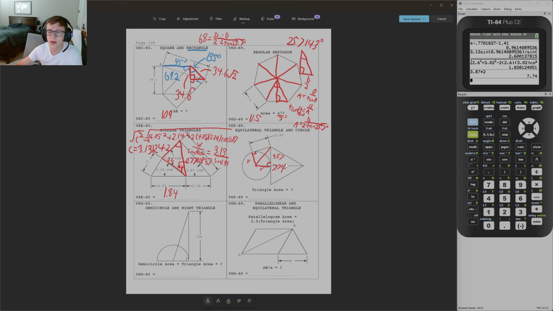And since it's an equilateral triangle, we can just use the area formula for it. So the formula is just the side length squared times the square root of 3 over 4. And there it is, 25.9. That's our area. If you're curious where that formula is derived from, I can show you real quick.